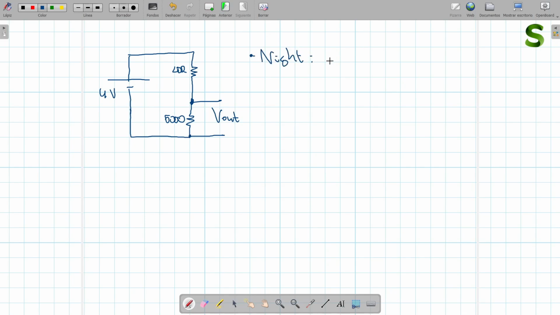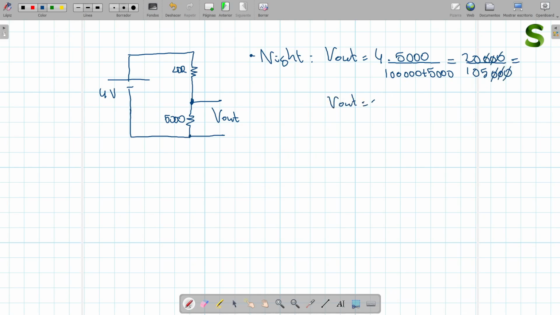At night, in this case, V out is going to be 4 multiplied by, in the numerator we still have 5,000, and in the bottom we have 100,000 plus 5,000. So 20,000 divided by 105,000, and that's V out equals 0.19 volts. So at night we have the opposite. At night we have a very low voltage.